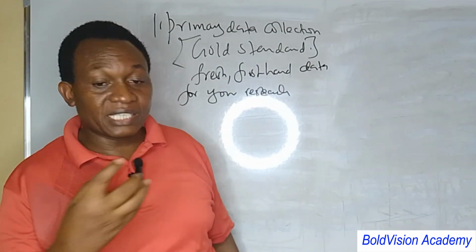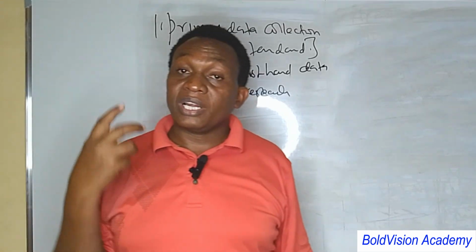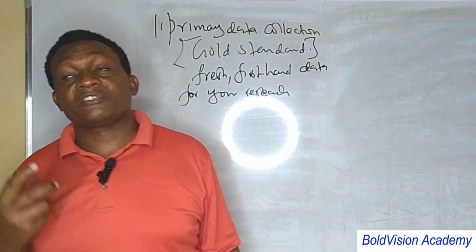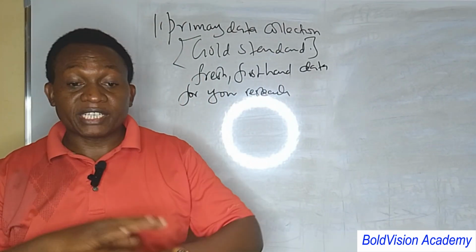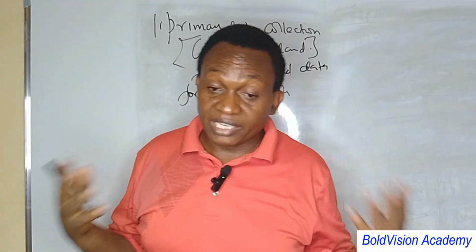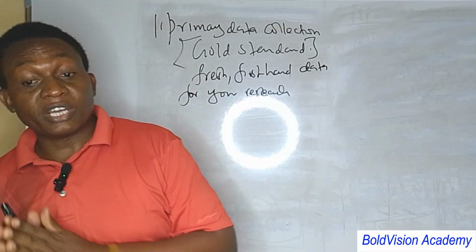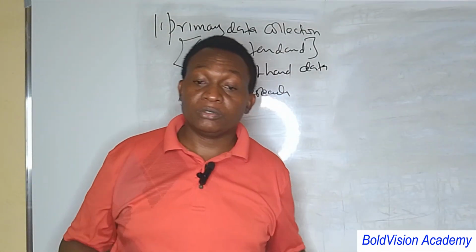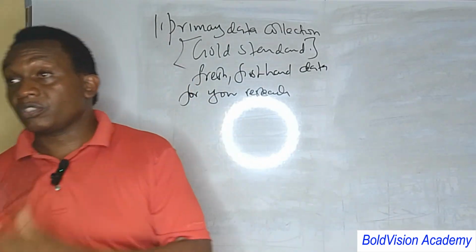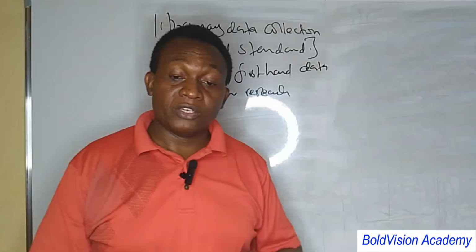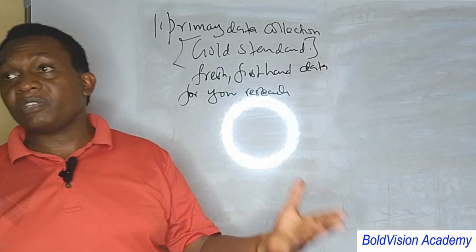Primary data means you are collecting data directly from the source through techniques like surveys, experiments, observations. You can do interviews directly with the sources. You can interview people, you can sit and see how people are behaving.